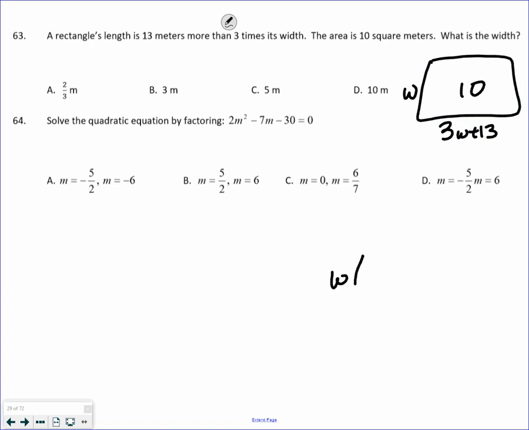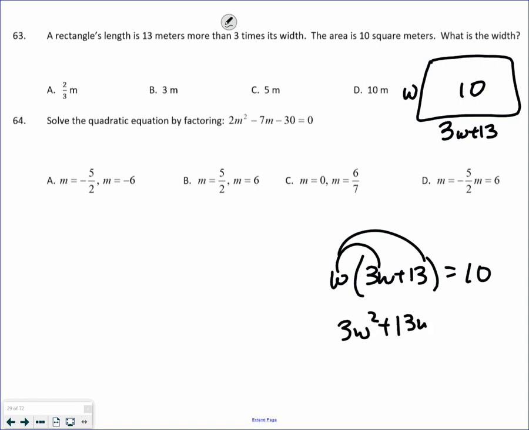So down here at the bottom, I have W times 3W plus 13 equals 10. Distribute. So I get 3W squared plus 13W equals 10. Subtract 10 so that it equals 0.